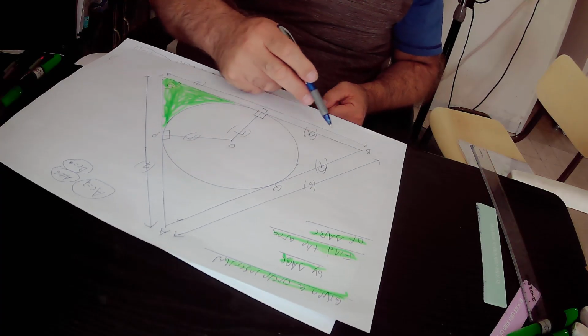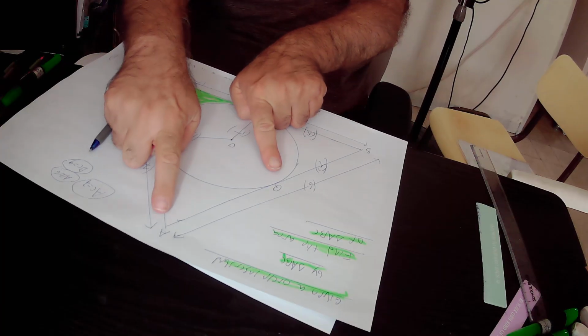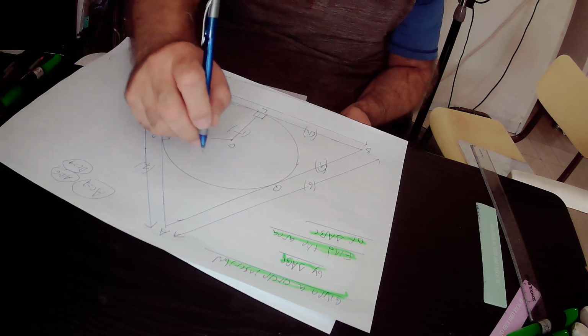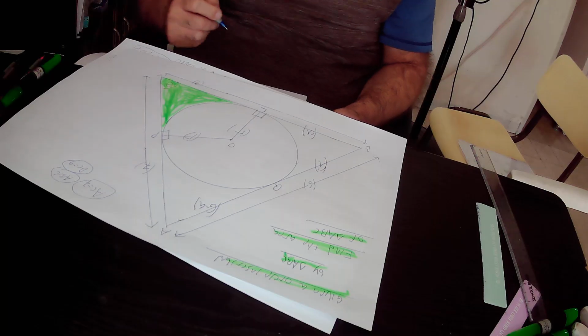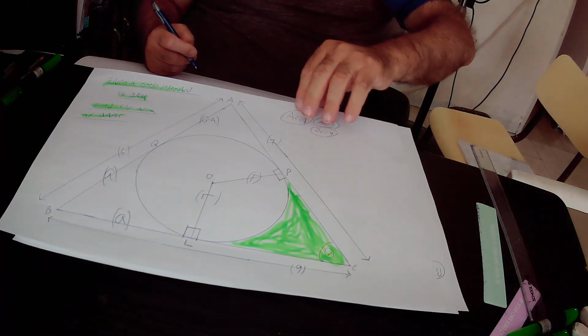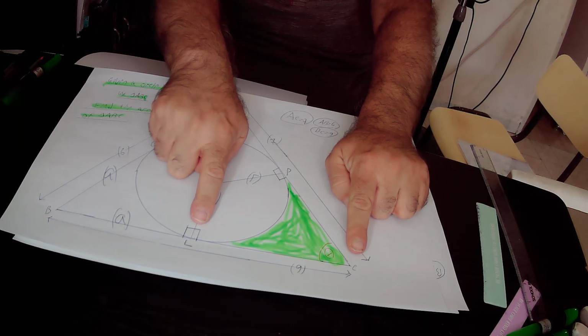AB equals 6. QB equals a, therefore AQ equals AB, that is 6, minus QB, that is a. So in total, AQ equals 6 minus a units in its length. Likewise, what is the length of line segment LC?